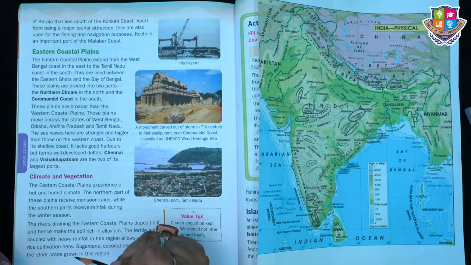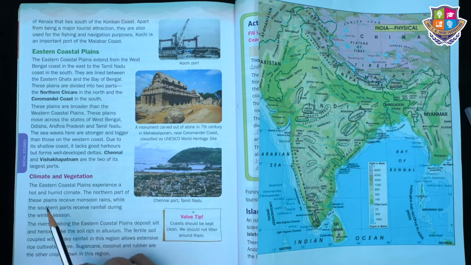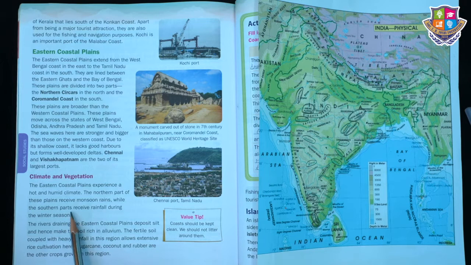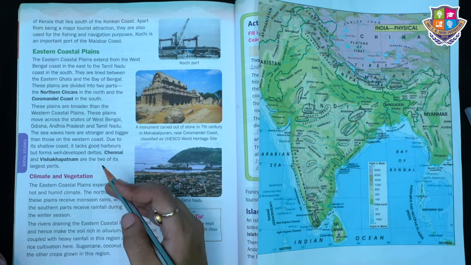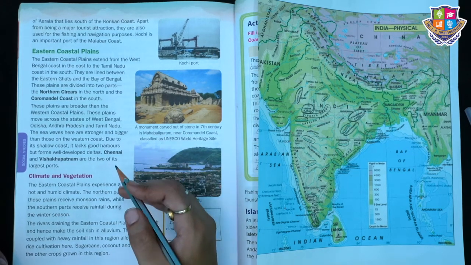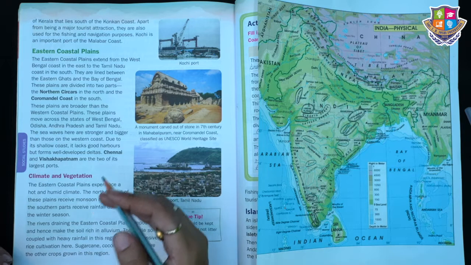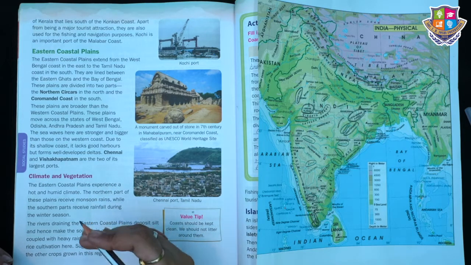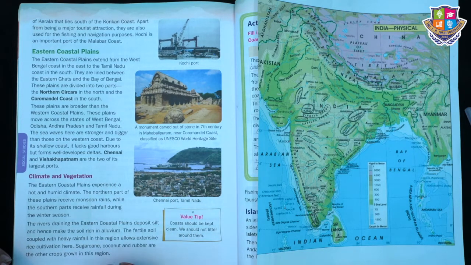How is the climate in the eastern coastal plains? The eastern coastal plains experience a hot and humid climate. The northern part of these plains receives monsoon rains, while the southern part receives rainfall during the winter season. So in the northern part, during the monsoon, they have the rainy season, while in the winter season the southern part receives rainfall.